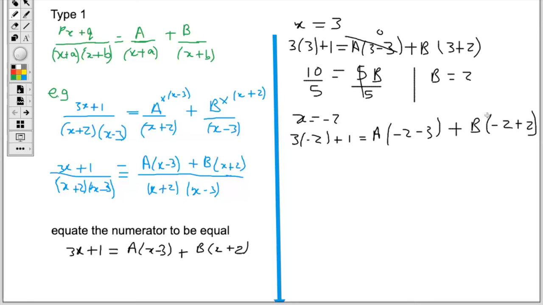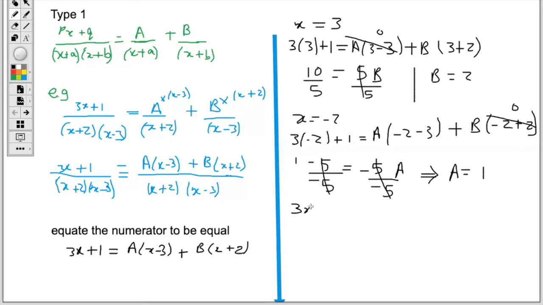Once again, we're getting 0, and 0 times b is gone. So what do we have? 3 times negative 2 is minus 6, plus 1 is negative 5, which is equal to minus 2 minus 3, that's minus 5a. Then we divide both sides by negative 5, and a is equal to 1.